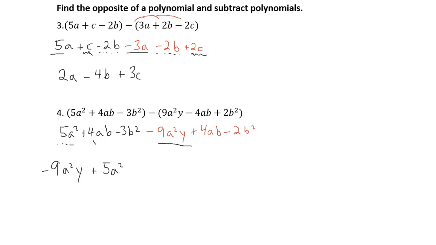And then we have right here ab and right here ab. 4 and 4 give me 8ab. And then we have a b squared there and a b squared there. Negative 3 and negative 2 give you negative 5b squared.